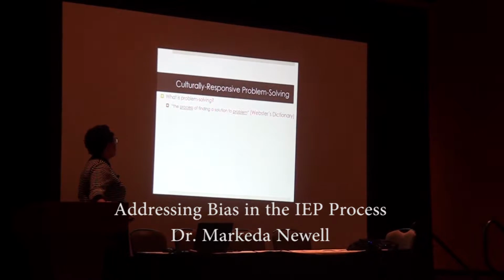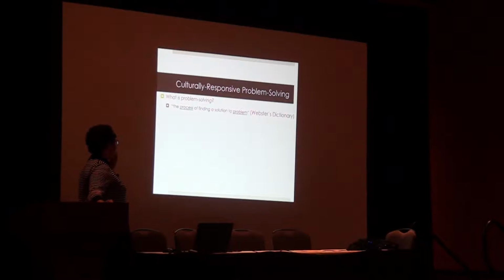So I want to start out by first giving the general understanding of problem solving and what we're trying to achieve out of that. In its most core form, when we're talking about problem solving, we're trying to find a solution to a problem. That sounds pretty straightforward, but the process of actually identifying the problem can complicate this.